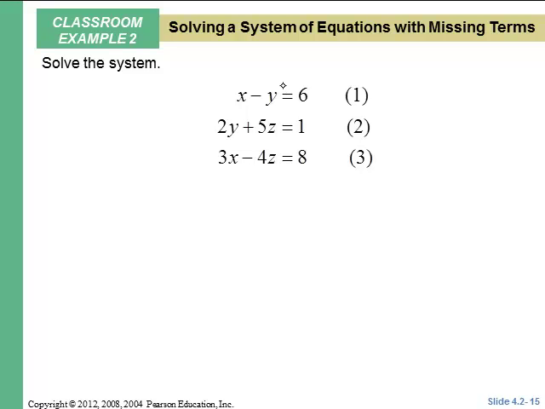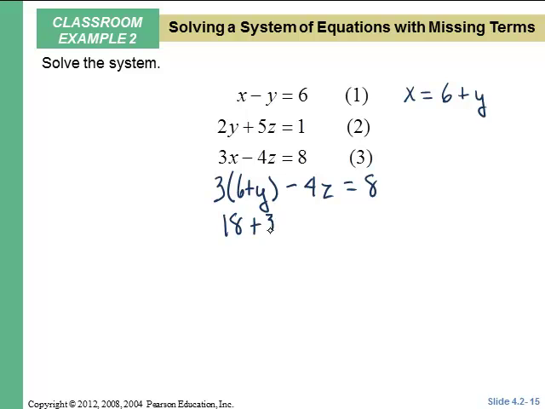Well, if we substitute x equals 6 plus y from the first equation and put that into the third equation, we'll have 3 parentheses 6 plus y minus 4z equals 8, or 18 plus 3y minus 4z equals 8.